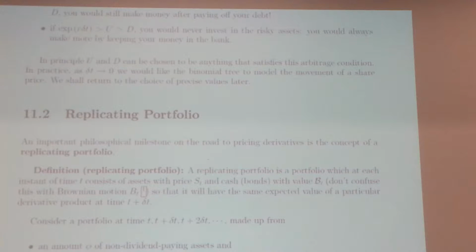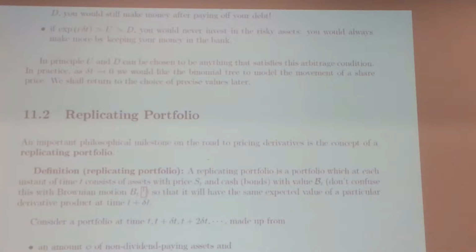So that's really the strategy that we want. It's a combination of the assets and cash or bonds that means that at each moment in time, I can actually give you the value of the option if you can exercise it at that particular time.